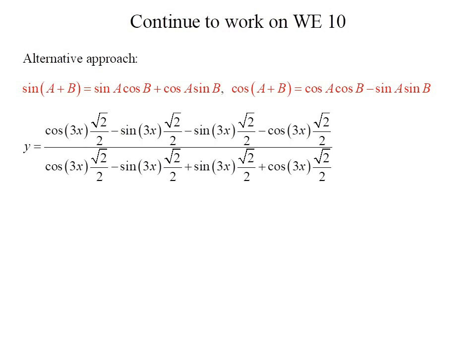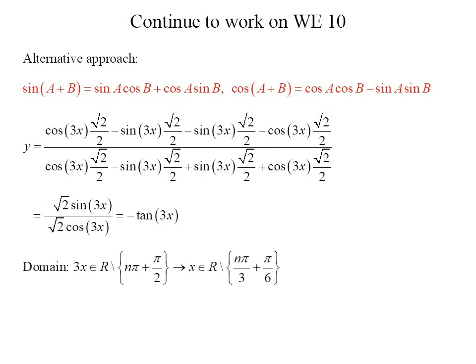After collecting and cancelling like terms in both numerator and denominator, the function can be simplified to the ratio of negative square root 2 sine 3x to square root 2 cosine 3x, which equals negative tangent 3x.